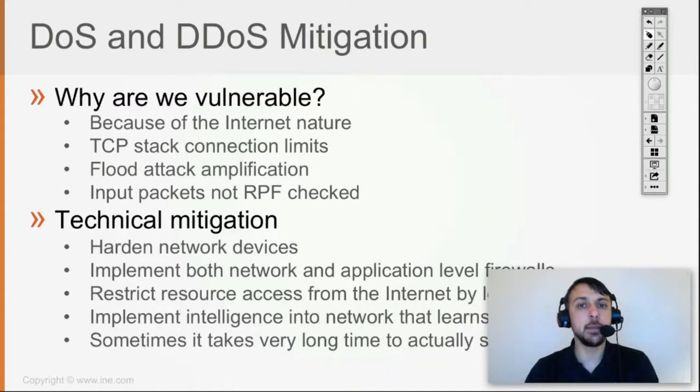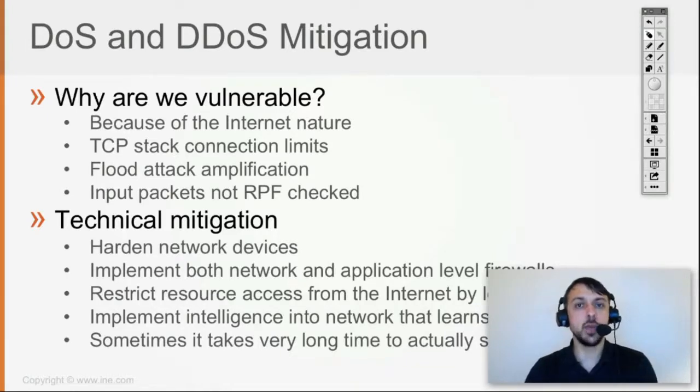Because most of the time, denial of service attacks or distributed denial of service attacks have sources from different regions of the world, and most of the time it's outside of the country where the victim is. So the victim resides in, let's say, the US or Romania or Spain, but the sources of the attack are all over the globe.